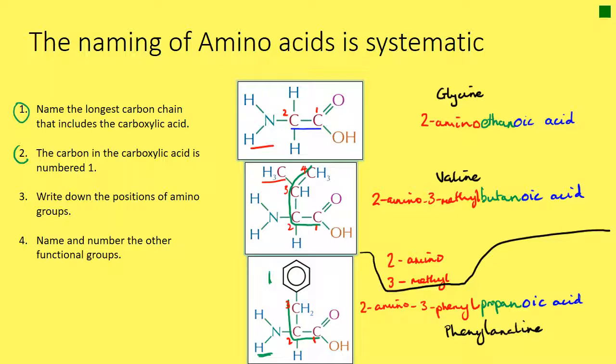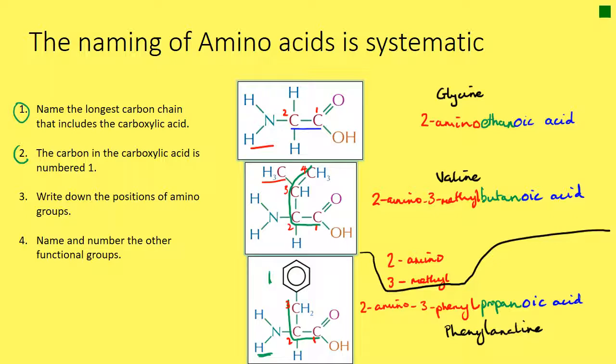Then we take the carbon in the carboxylic acid and number that as number one. Number three, we write down the positions of the amino groups. And number four, we name and number the other functional groups. So that, as it stands, doesn't make much sense, so let's go through a few examples and make sense of that.